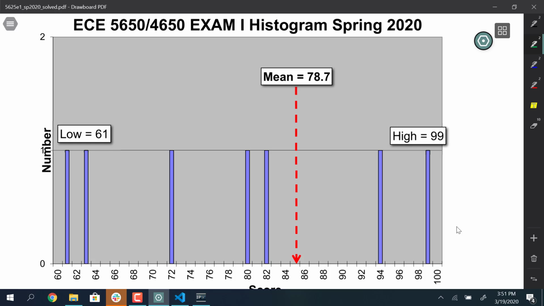The scores tend to be spread fairly widely, and all the scores are good by me with the exception of one score that's in the 60s. Again, there's a person that's not taking it for credit, so that I'm not worried about. But of those of you that are taking it for credit, there's a score in the 60s that I'm concerned over.